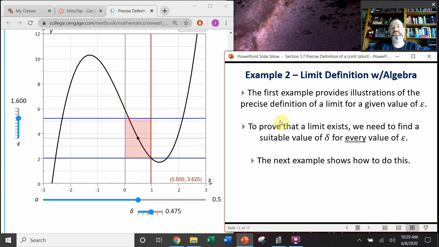Now we're going to do an easier function, but we're going to use algebra. Our first example was just an illustration of the definition of a limit for a given value of epsilon, but we need to prove that for every value of epsilon, there is some delta.